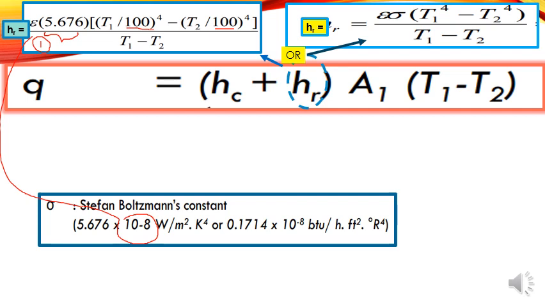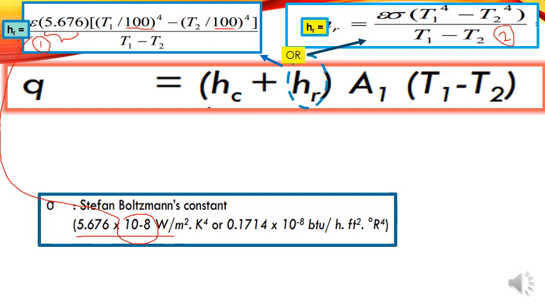Well, for the other equation here, if you use this one, you have to use the full Stefan-Boltzmann constant, that means 5.676 times 10 to the power of minus 8.